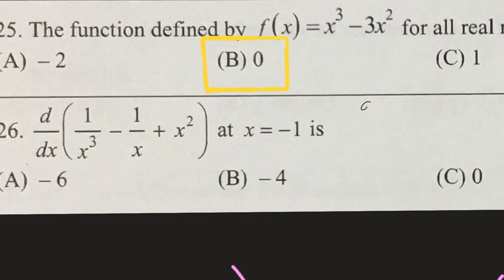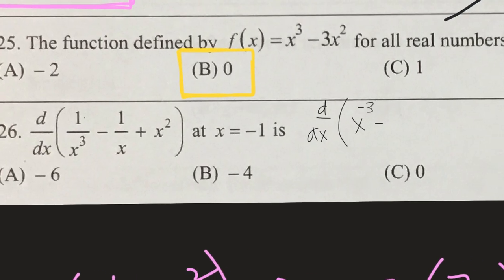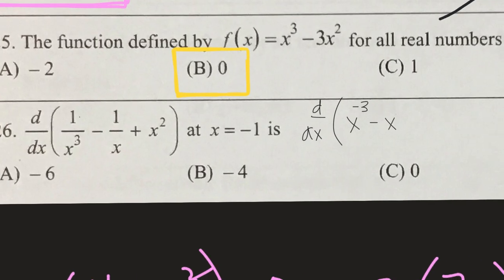So if we were to change 1 over x cubed into a non-fraction, that would be x to the -3rd power. Minus, if we were to change 1 over x into a non-fraction, that would be x to the -1st power. And then our next one, x squared, that's already not a fraction, so we're just going to leave it as x squared. I am much better at taking derivatives as non-fractions than as fractions.